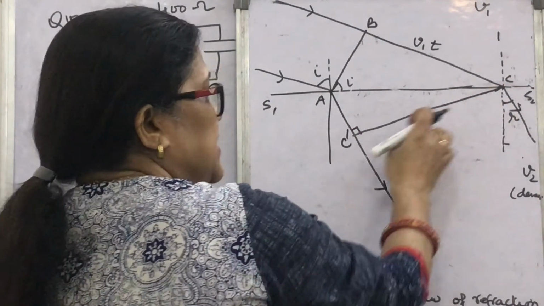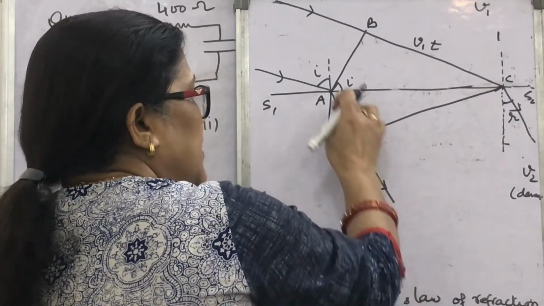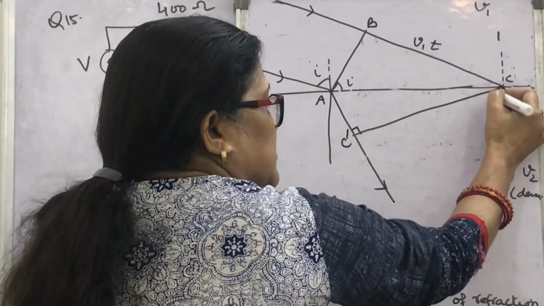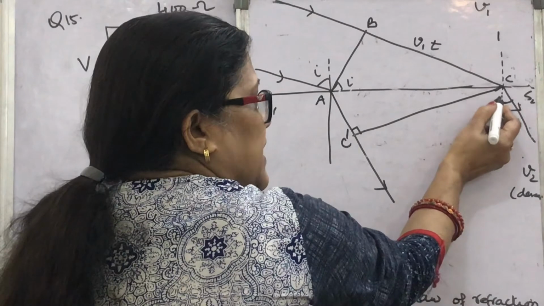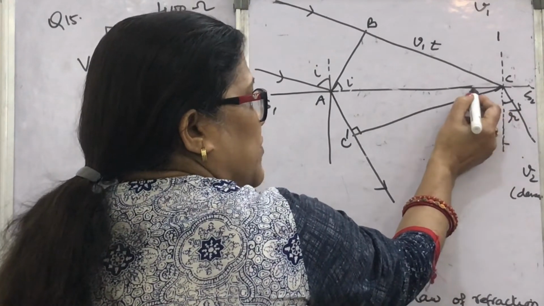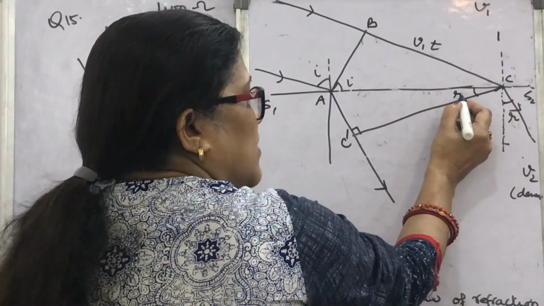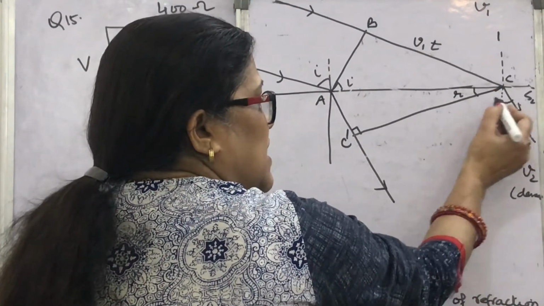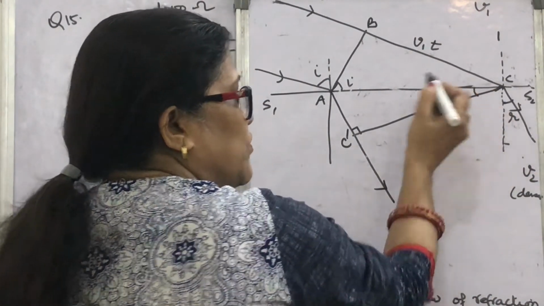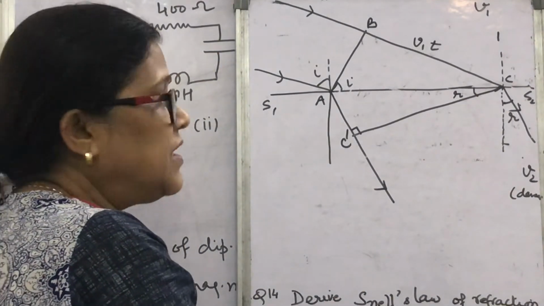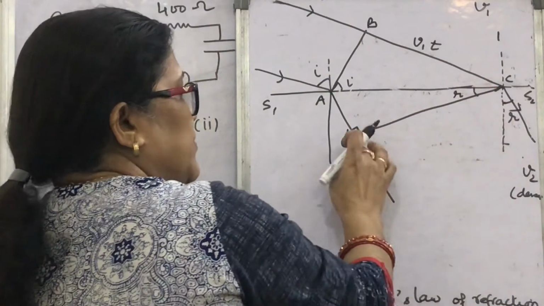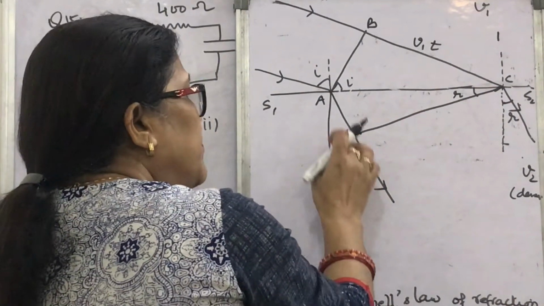Look, CC dash is perpendicular to this one, angle 90 degrees, and here this one is 90 degrees. What will be this angle? 90 minus R. Then what will be this angle? R. Look again, this is the normal, this is the refracted ray, this is R. This will be 90 minus R, then this will be R. Clear?